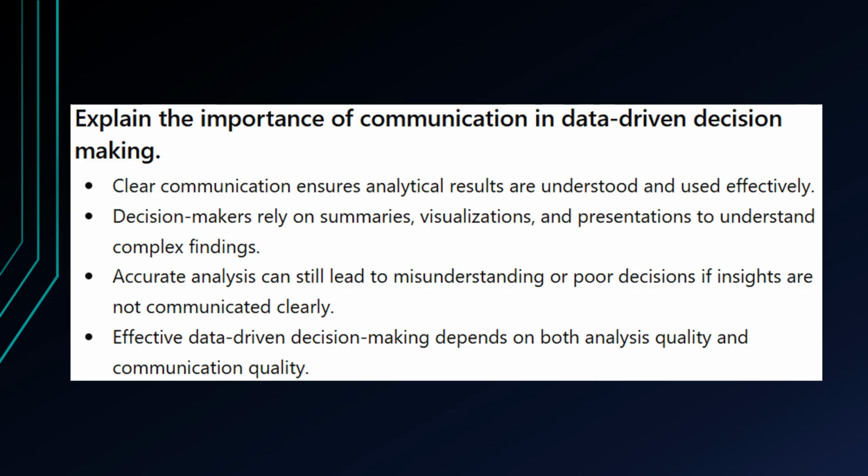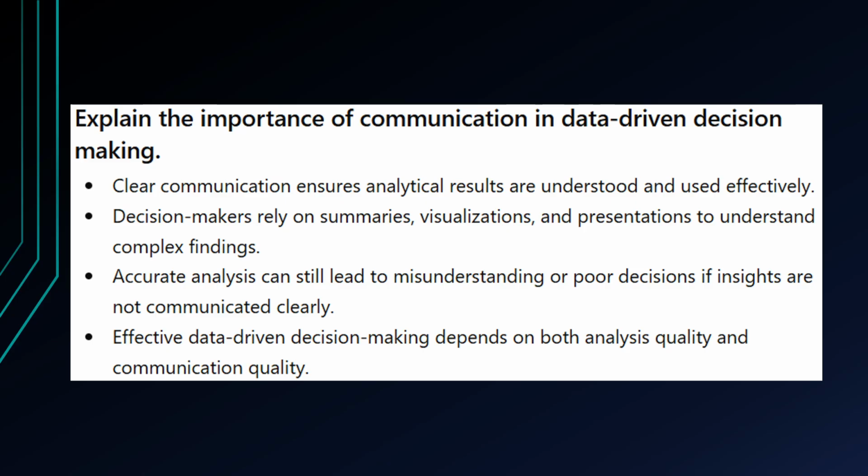One of the central points here is that accurate analysis can still lead to misunderstanding or poor decisions if the insight is not communicated clearly. Accuracy is necessary, but it is not sufficient. A finding can be statistically correct and still be misused if the audience does not understand the assumptions, scope, or meaning of the result.